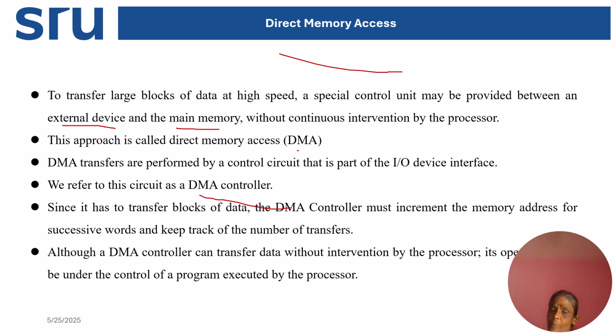After completion, it will release the DMA controller and take over. So the starting is done by the processor only. With minimal intervention of the processor, not a whole control by the processor, it will hand over the control to the DMA controller for transferring the block of data.